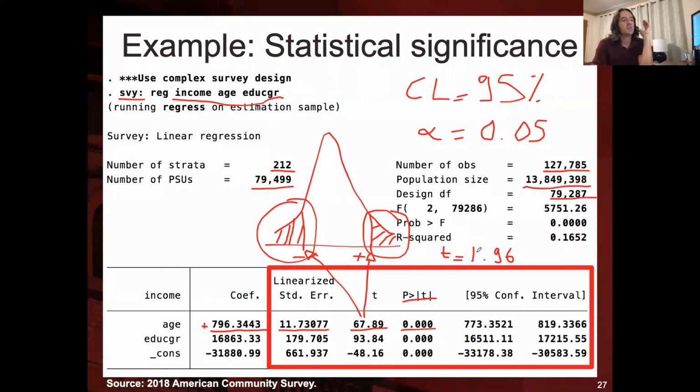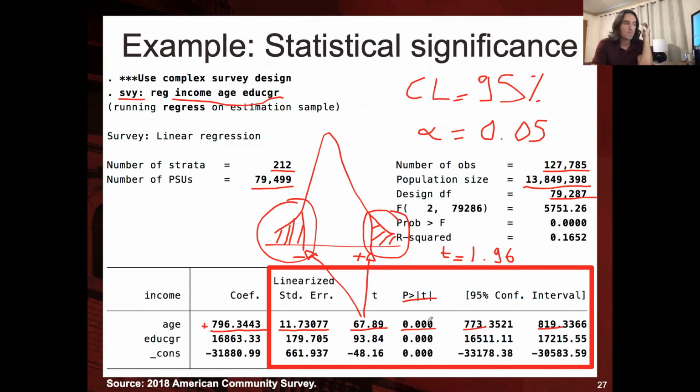So let's just round it up to 2. 11.7 times 2 is 23. 796 minus 23 is 773. And 2 times 11.7 is 23, and 23 plus 796 is around 819.